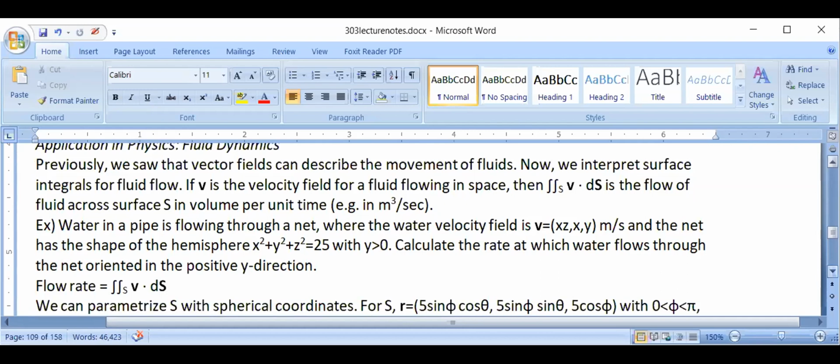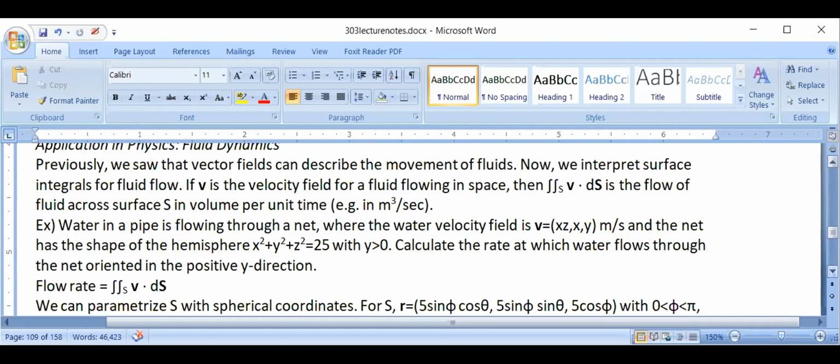We take the usual formula for a sphere, and looking at the formula, this sphere has a radius of 5, so plug that in. Then the parameterization for our surface S is r equals 5 sine phi cos theta, 5 sine phi sine theta, and 5 cos phi.